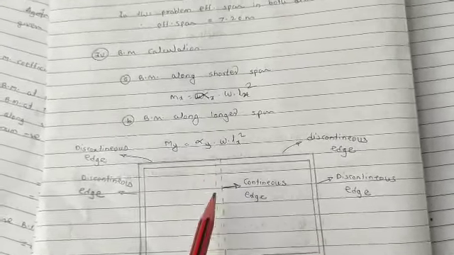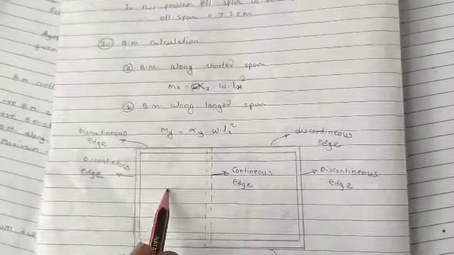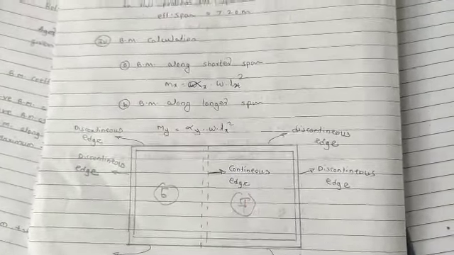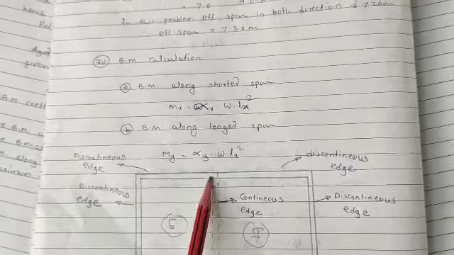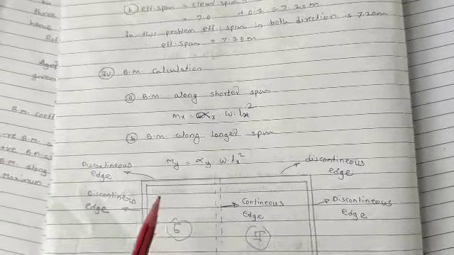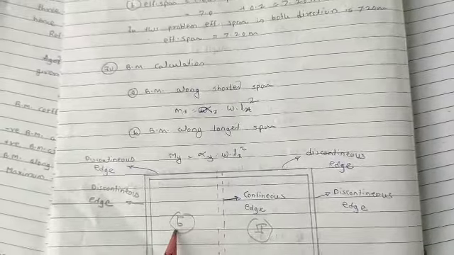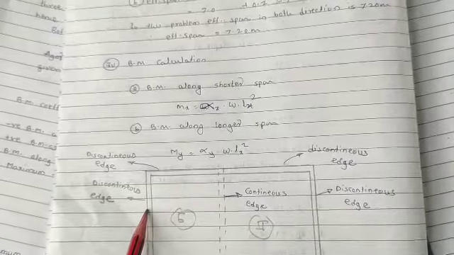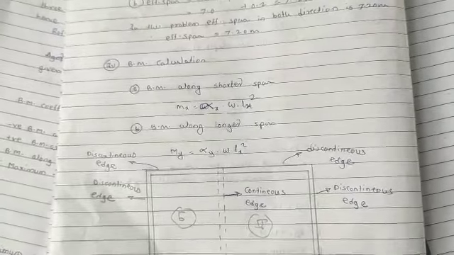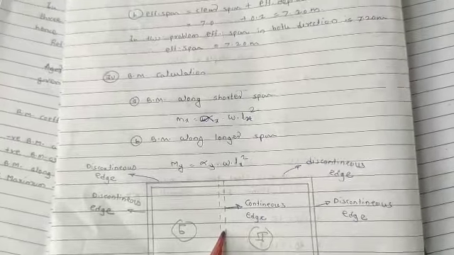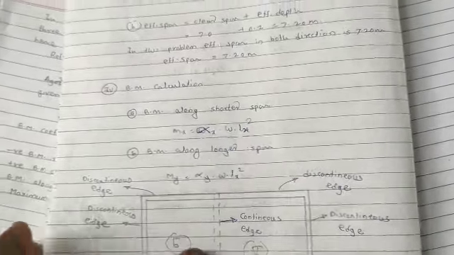This is your panel number 1, this is your panel number 2. The given slab is continuous on only one of the sides, that is, on the beam. The other 3 are discontinuous. Suppose you are considering panel number 1, this edge of the slab will be discontinuous, this edge is also discontinuous, this edge is also discontinuous, but this edge of the slab will be continuous.